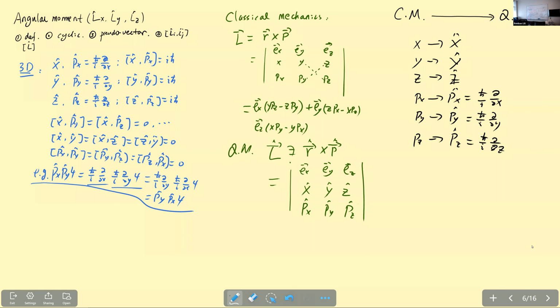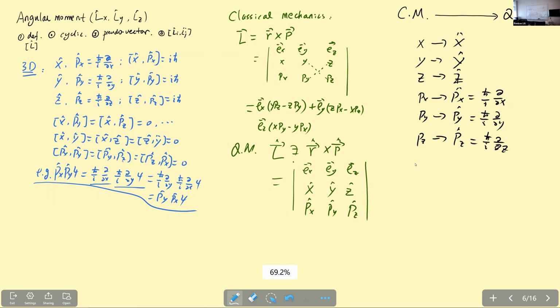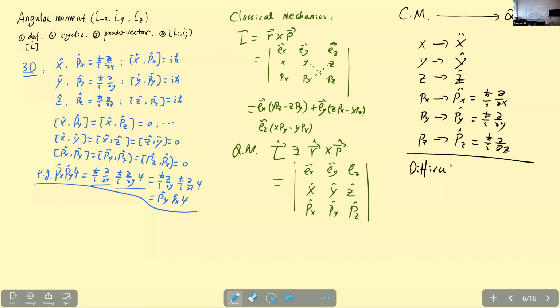For example, there's a difficulty. If we have x squared times px squared in classical mechanics, and then you do the translation, there are different ways. You can say this equals x squared and px squared. But in classical mechanics, this also equals px squared and x squared, right?